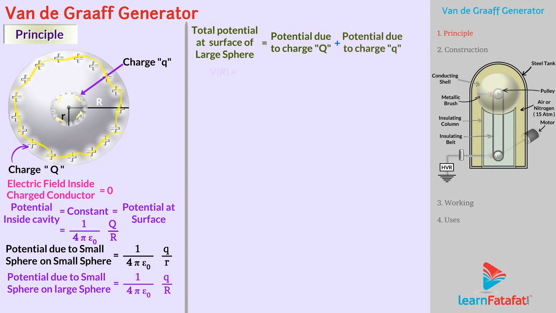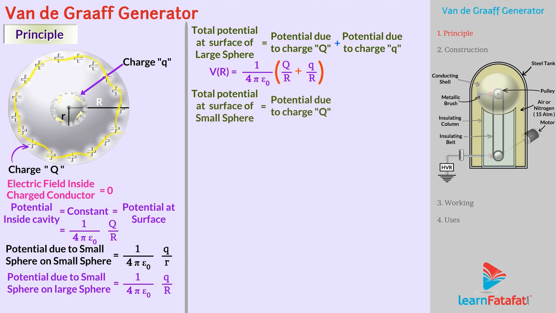That is, V of R equals 1 upon 4 pi epsilon 0 into bracket capital Q by R plus small q by R. Similarly, the potential at the surface of the small sphere equals the potential due to charge Q plus the potential due to charge small q. This is V of small r equals 1 upon 4 pi epsilon 0 into bracket Q by R plus small q by small r.